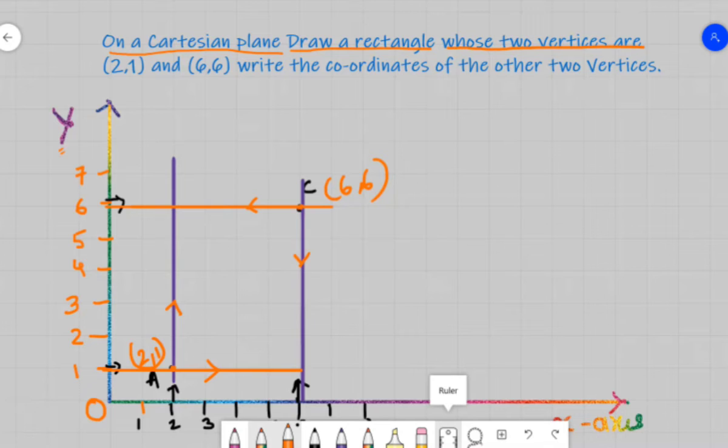So, where did the points meet? See here, one point we are getting here. What is this point? This point from x you see it is 2 and from y it is 6. So your point is 2, 6. Now one more point you have got here. What is this? If you see nicely, you will come to know that.